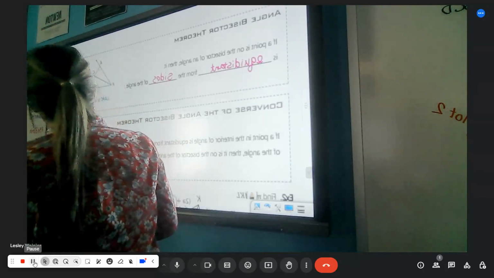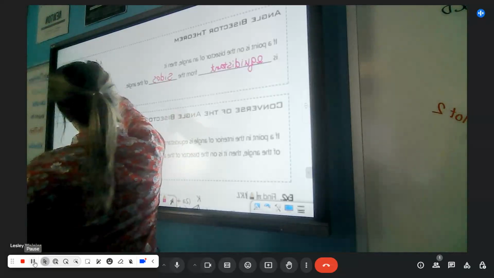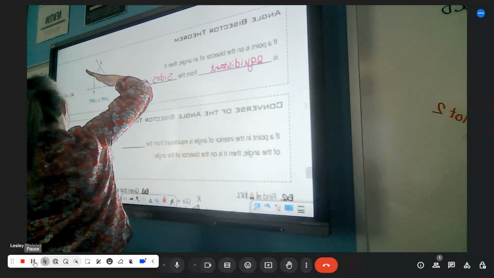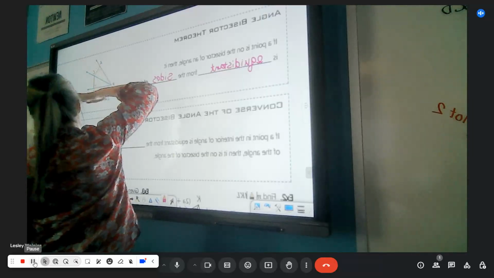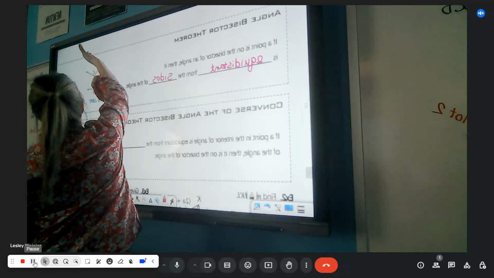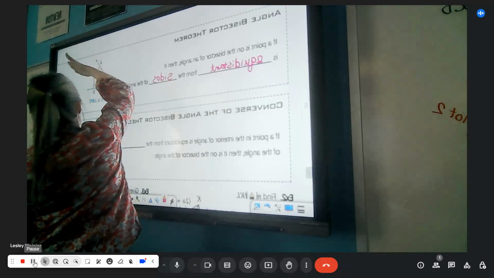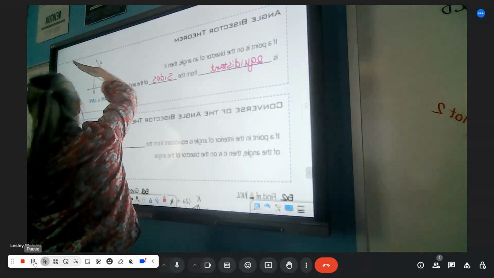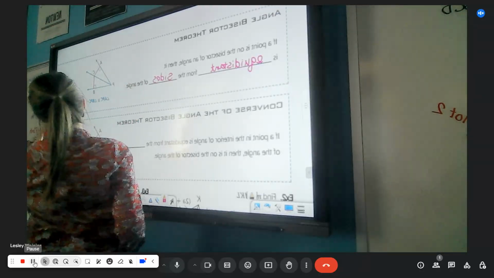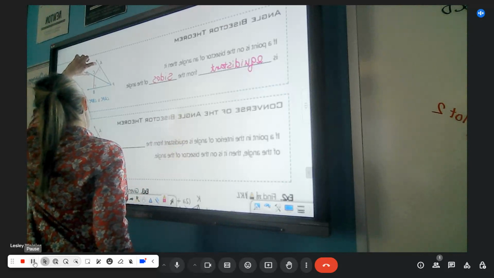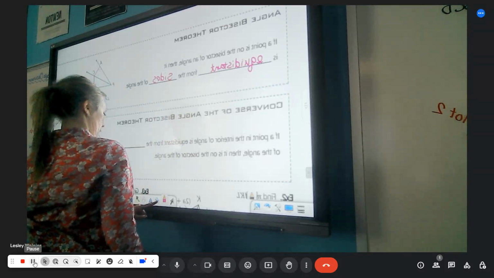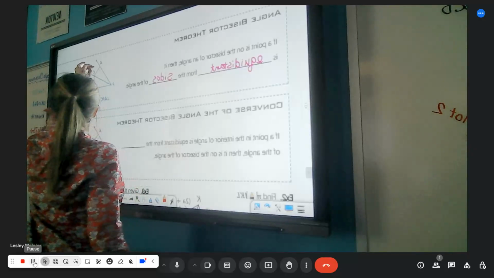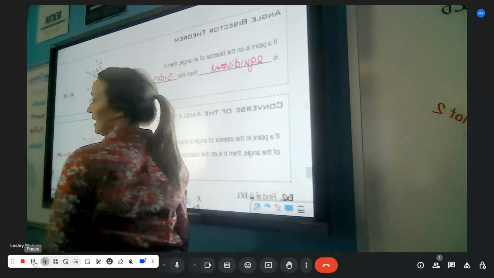Okay, so you can see here that my angle bisector PC, the ray, has made two congruent angles, angle APC and angle BPC. So I can say that the length AC is equal to the length BC. Kind of makes sense, right?